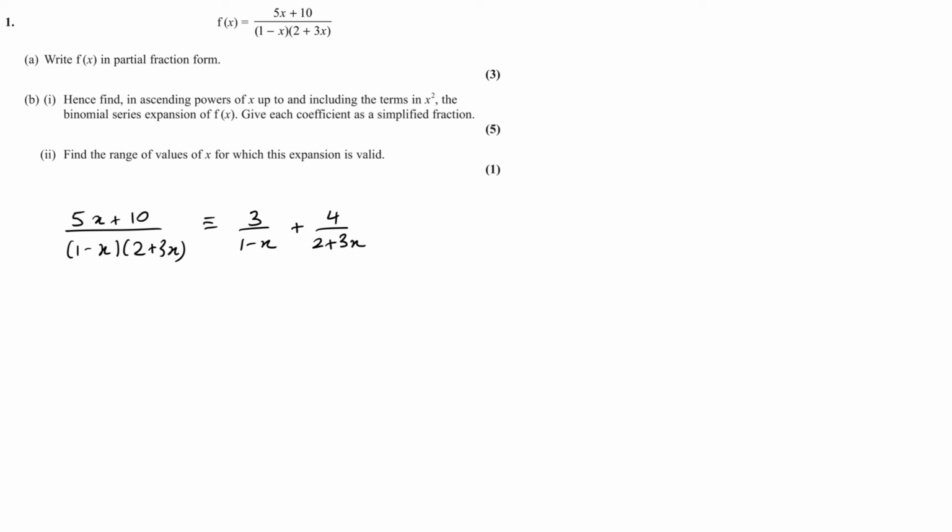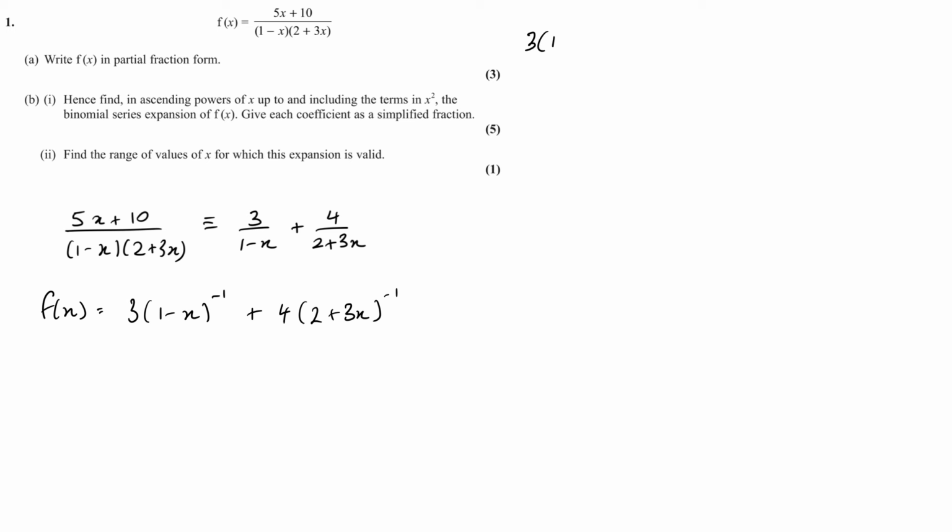Okay, so I'm going to write this out now in terms of f of x equals 3 times (1 minus x) to the minus 1 plus 4 times (2 plus 3x) to the minus 1. So I'll focus on the first term, 3 and the brackets here. So I'm going to do it up on the top of my screen.